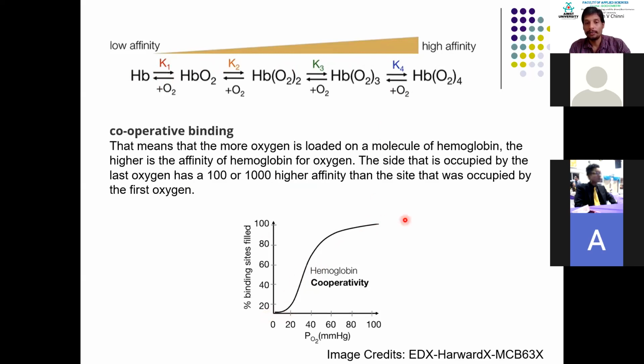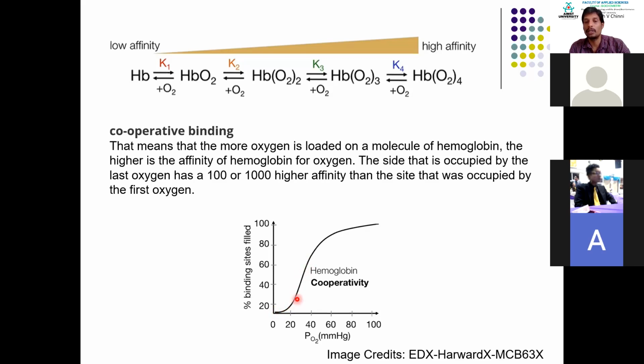So this is the curve that shows the oxygen availability, that means how much oxygen is present, and what is the percentage of the sites filled. So when the oxygen is low, the binding to the hemoglobin will be very low, and as it rises slightly, it will bind to many.